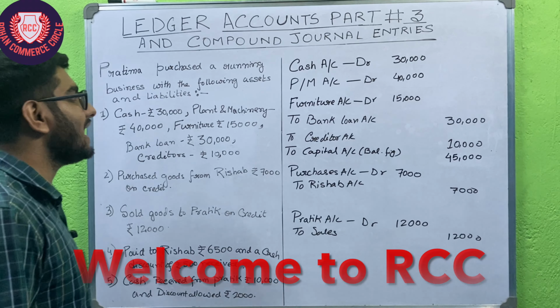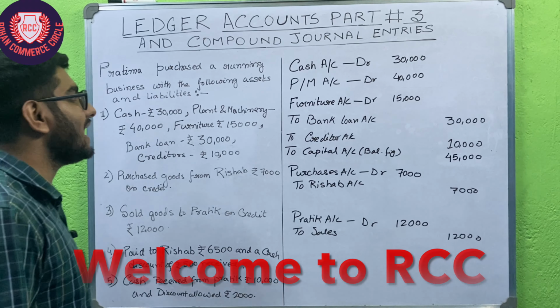How is it? The debit total is 85, and the credit total is 40,000. So just subtract it and it is 45,000. So this is the capital students. Mind it, this is the capital. So this is to capital. The capital is also increasing, right? So that's why to capital is 45,000. I hope this part is clear to you.